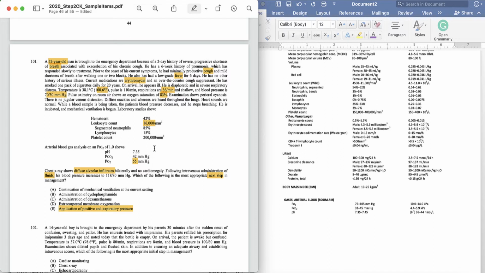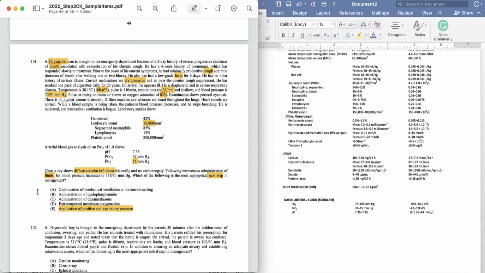And then if you see any images or labs, just go for it. Look at them, because they might tell you what's going on right away. Note any abnormal labs, and then you can start going through the question.